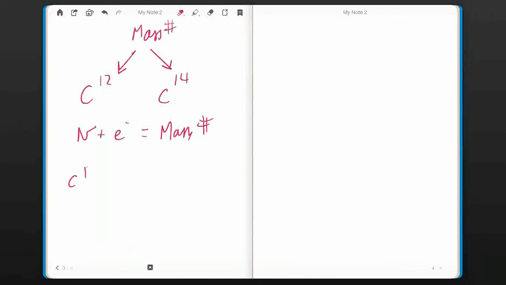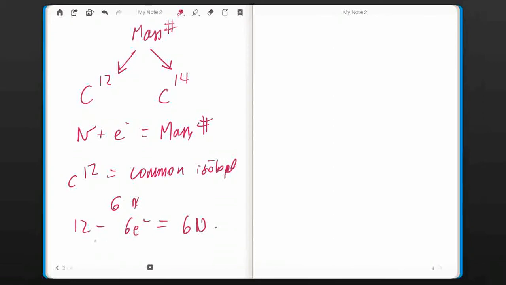So C12 is the common one, common isotope, and it means it has 6 neutrons because it has 6 electrons, and if we take 12 minus 6, we're left with 6 neutrons. Okay. So that's the most frequently found one on Earth, and C14 is the other type.